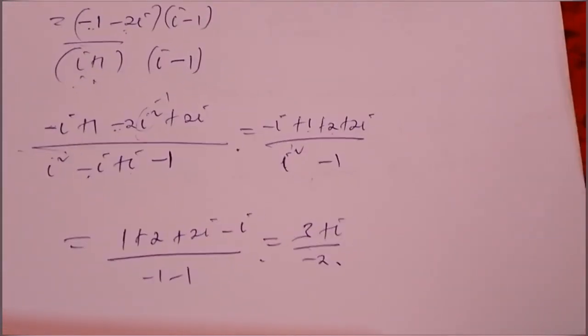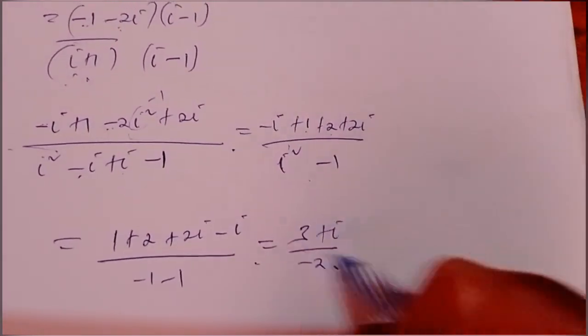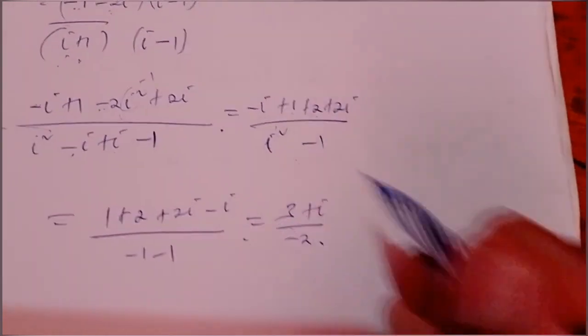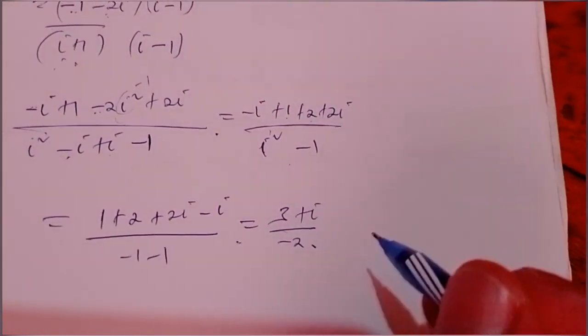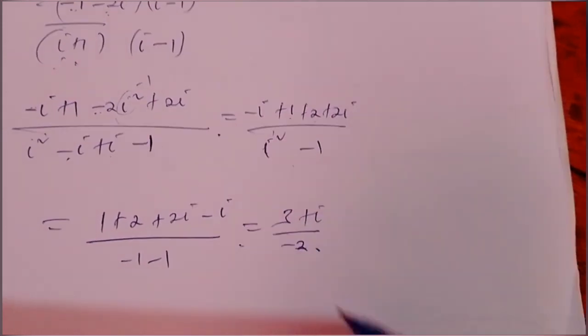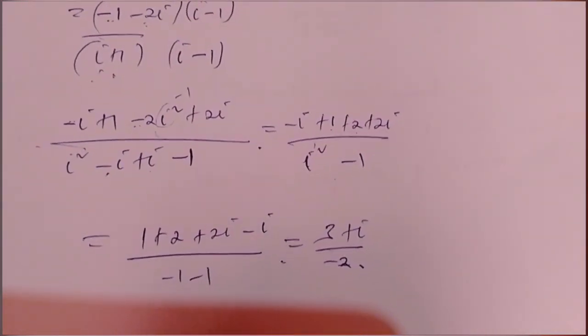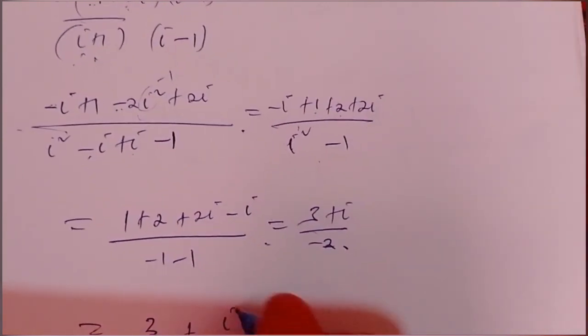Negative 2 is the denominator of the whole expression, and it is the denominator of all. So we have 3 over negative 2 plus i over negative 2.